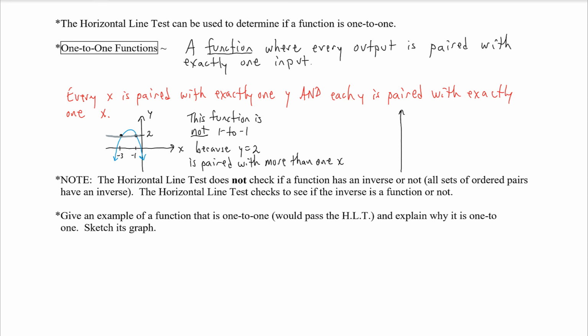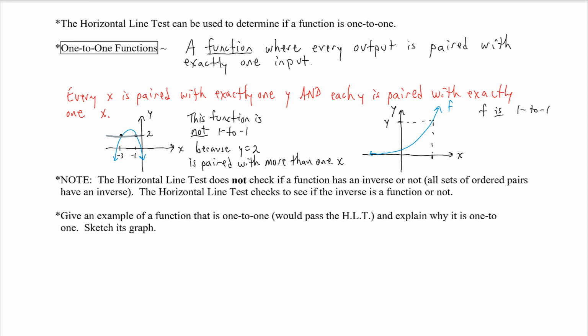Whereas exponential functions, for example, are one-to-one. So let's say you have exponential growth. This is one-to-one. So let's say this function is f. f is one-to-one. Because every y, so say you pick this y value, it's paired with just this one x value.